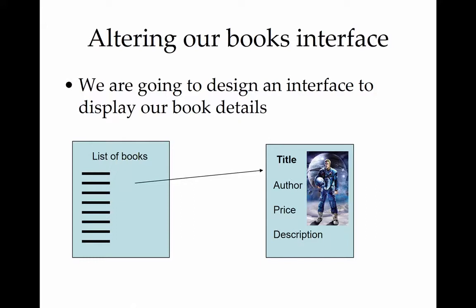Then we run a PHP loop to display the books one by one: first book, second book, third book, fourth book, fifth book, and so on. Now if I click on one specific book, I want to go to a separate PHP page. So let's say I click on the book with the ID 7.